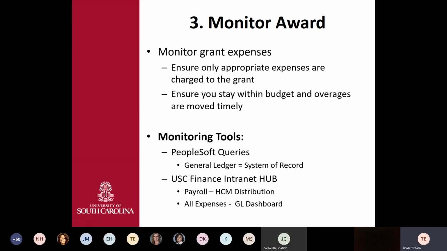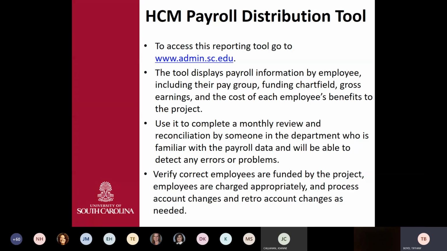And the other most common monitoring tool that we use is the USC Finance Intranet Hub. So for payroll, that would be HCM distribution. And then all other expenses, it would be that GL dashboard. So the HCM distribution tool, of course, that's located on the hub, and that tool displays all payroll information by employee, including their pay group, their funding chart field, their gross earnings, and the cost of each employee's benefits to the project.